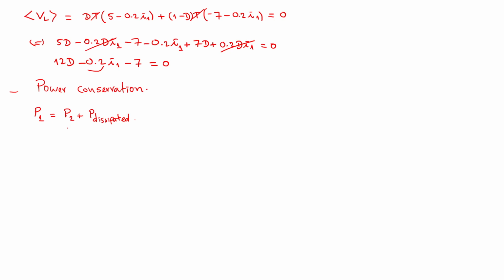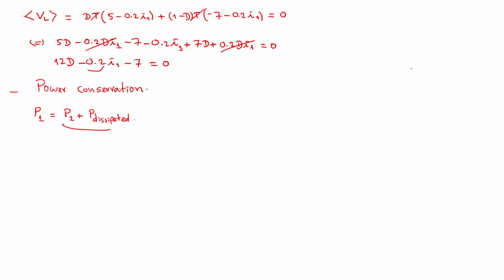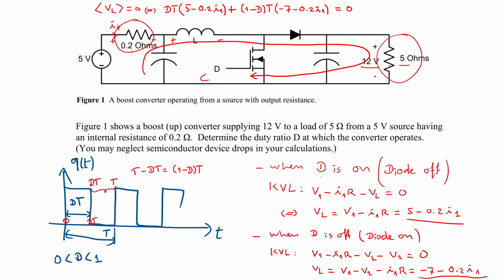So these two have the same formulation because both of them are dissipated on resistors. But for this resistor, you want to use variables I and R. For this resistor, you want to use voltage and resistance. Also P1, you have voltage and current.